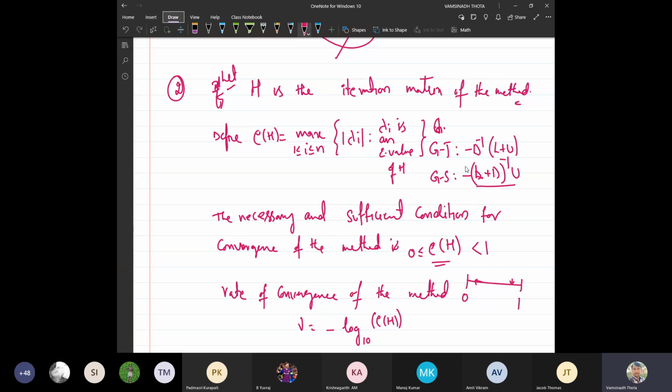So what is your guess? For which method is the rate of convergence more? The Gauss-Seidel method, I think. The Gauss-Seidel method will have a higher rate of convergence than the Gauss-Jacobi method. What is the reason? The Gauss-Seidel method is a successive displacement method.